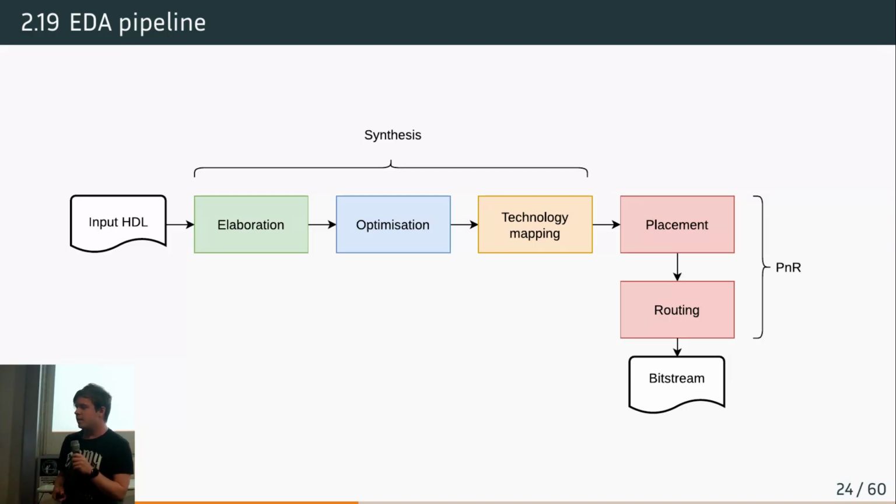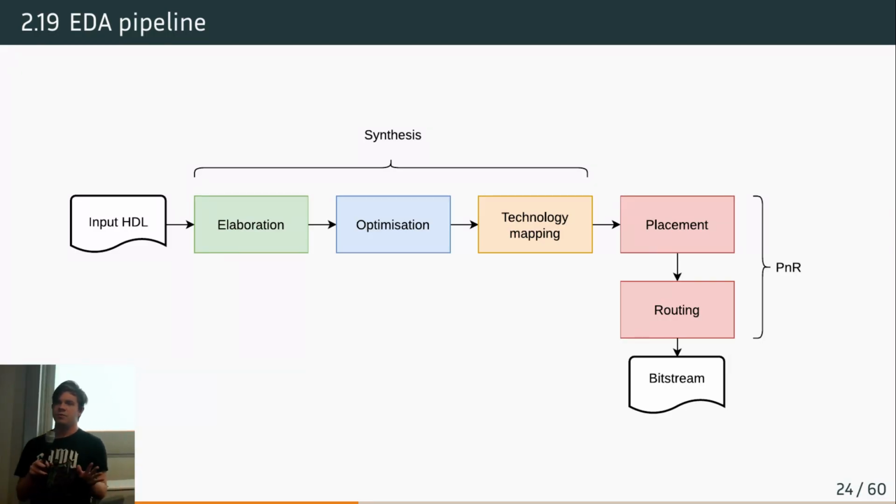So this is a general overview of how the EDA pipeline generally works, to provide a little bit of context. This diagram I wrote for my thesis, and it's for FPGAs, but ASICs are very similar in general. There are two main stages, synthesis and what's called place and route, or PNR. Synthesis's job is to take the high-level RTL, the SystemVerilog code, for example, that we talked about earlier, and turn it into a netlist, which is basically a bunch of connections.